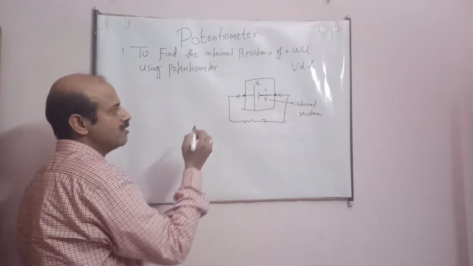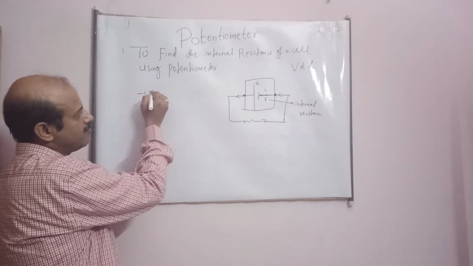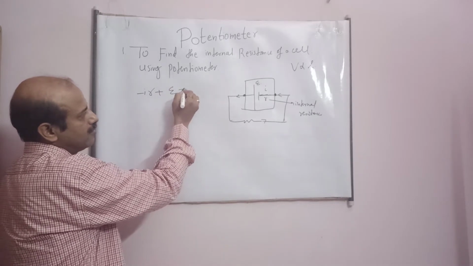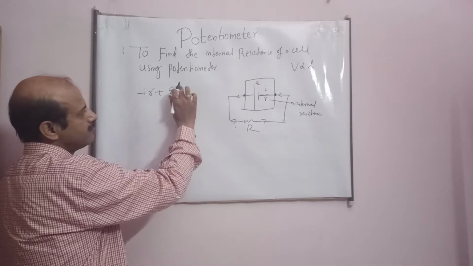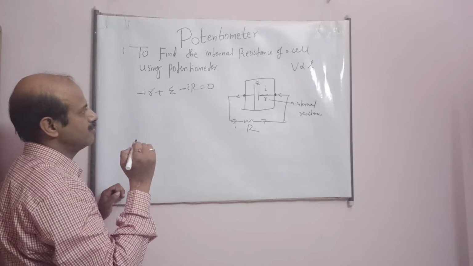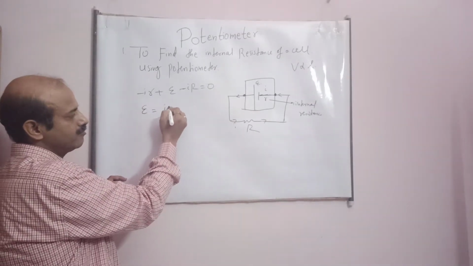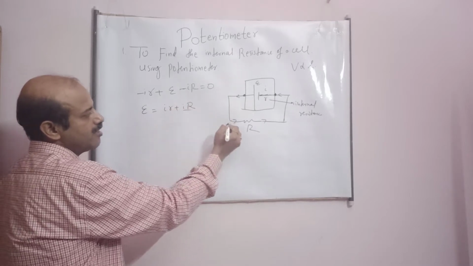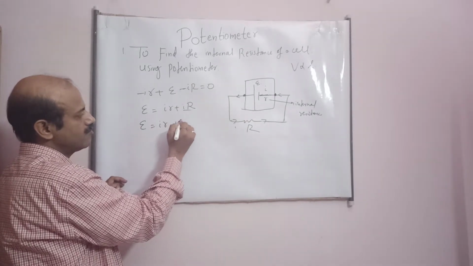As I am following the Kirchhoff loop rule, first there is a drop, so minus I r will be taken. Then the cell comes, plus E. Then this is a value R, student, minus IR. This is 0, student. Now this E becomes equal to Ir plus IR. As you know, student, this IR is the potential difference across this resistor.